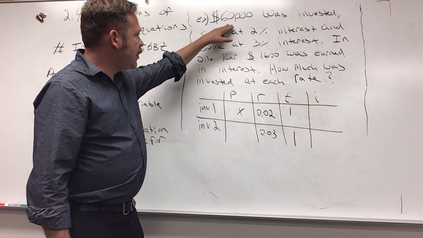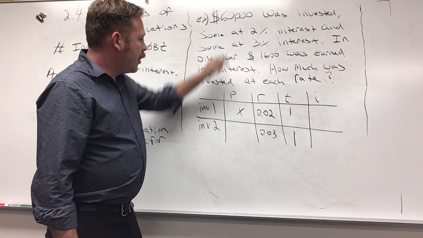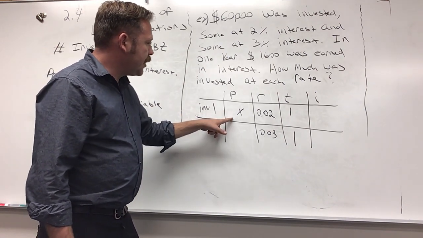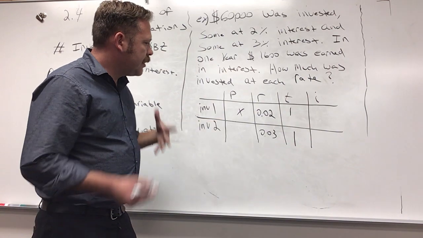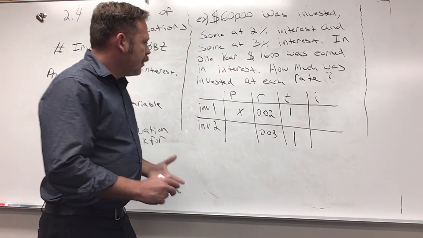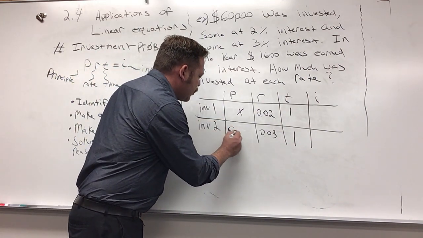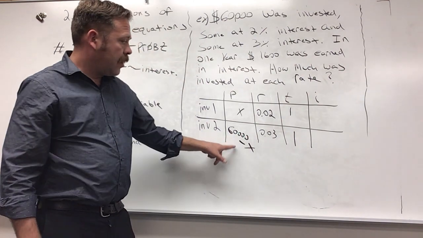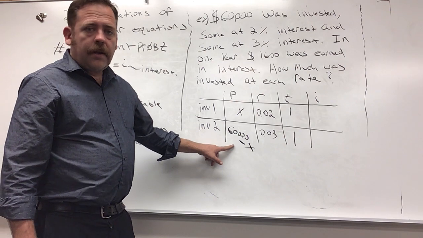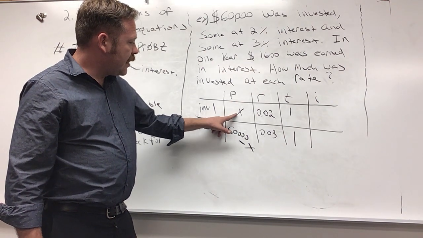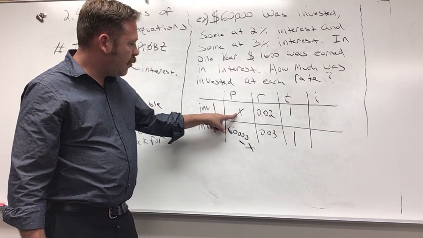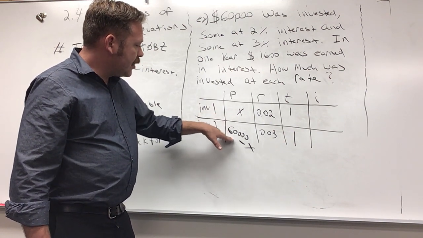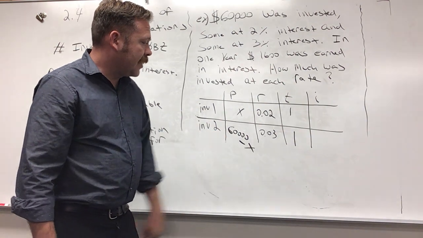So we started with $60,000, and we're going to take away the X dollars that were invested in investment 1. What does take away mean? We're going to do 60,000 minus X for that amount. Think about it. X of the $60,000 was invested to investment 1. We take that away, and then we're left with 60,000 minus X.